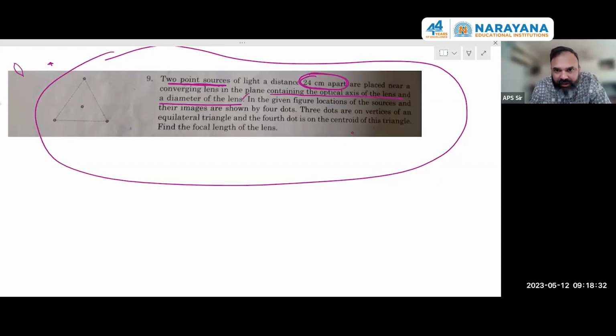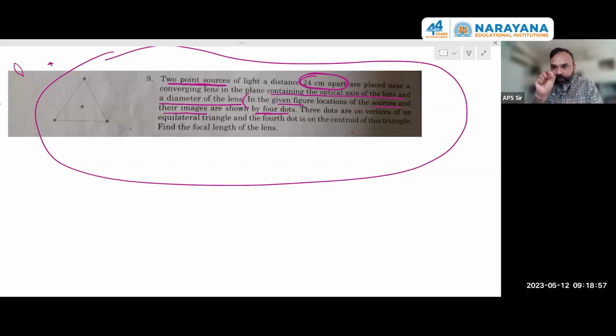Now in the given figure, the locations of sources and their images are shown by 4 dots. Now the combination is such that for one position of object, you have got one image, and for another possible position, you have got another image.